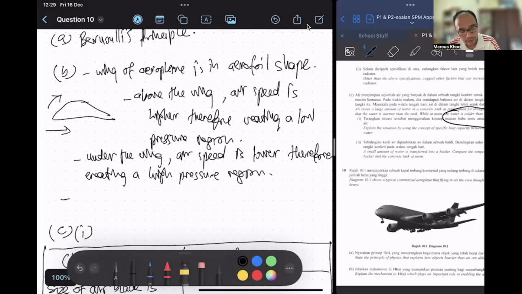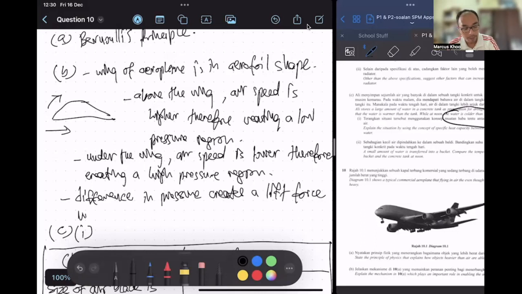The fourth and final point is the difference in pressure, which is probably the most important word when you're talking about Bernoulli's principle. The difference in pressure creates a lift force upward on the wing, and that's how the airplane is able to fly.